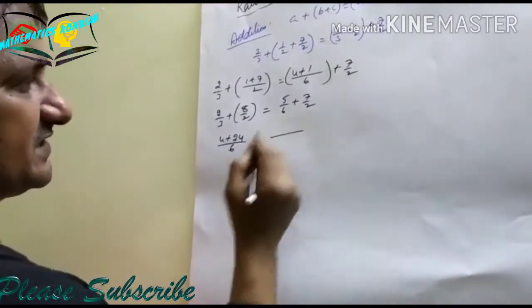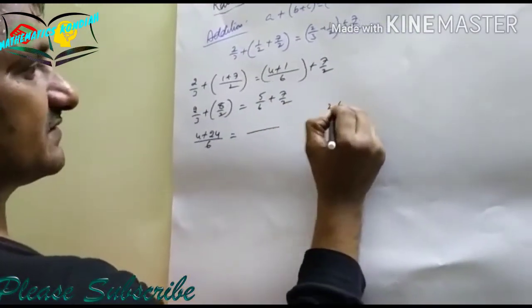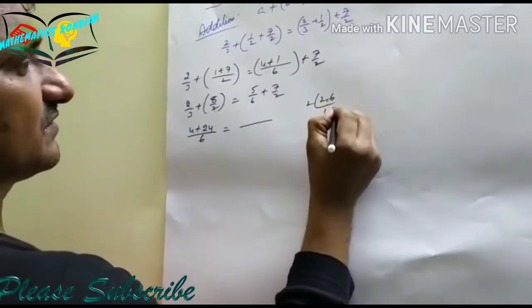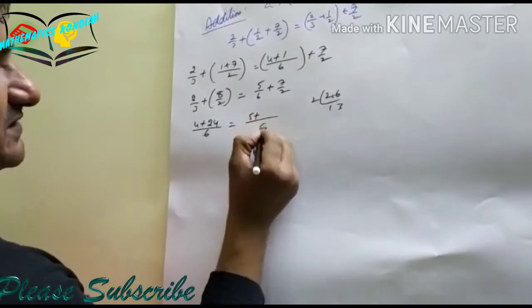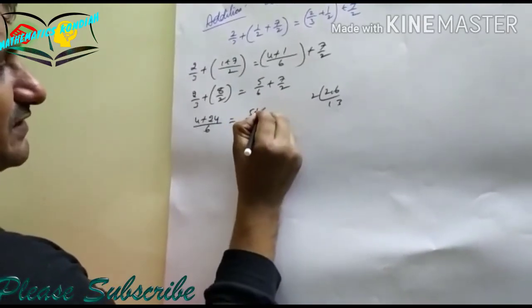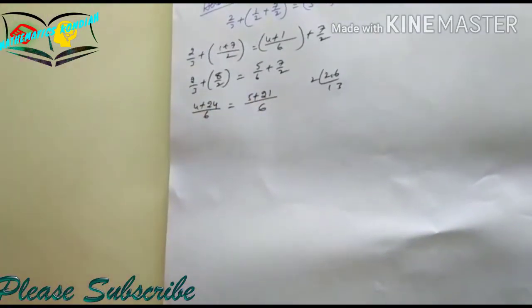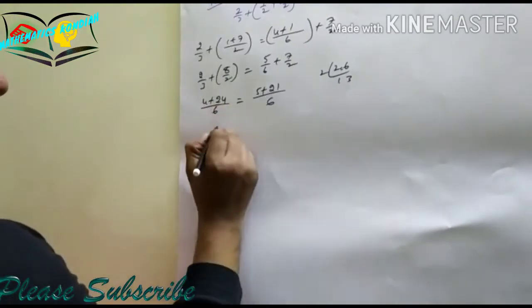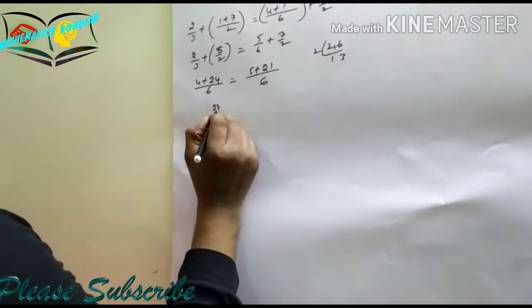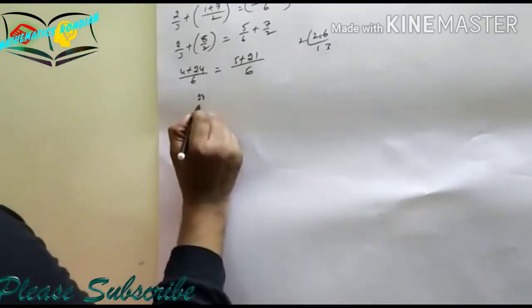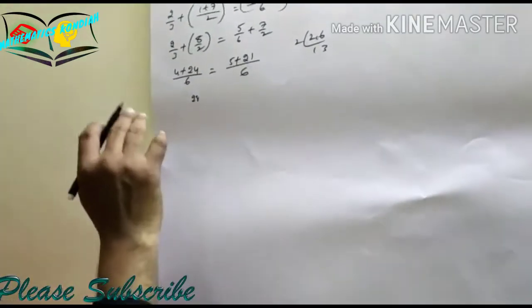The LCM of 2 and 6 means 2 threes are 6. 6 by 6, 1 into 7, 7, plus 6 by 2, 3 into 7, 21. See, 24 plus 4 is equal to 28 divided by 6.